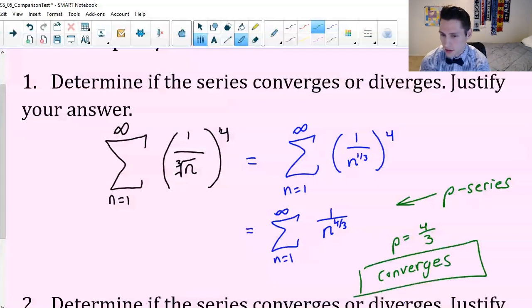So it converges. If I have a P series where the value of P is greater than 1, it will converge. If it's between 0 and 1, then it will diverge.